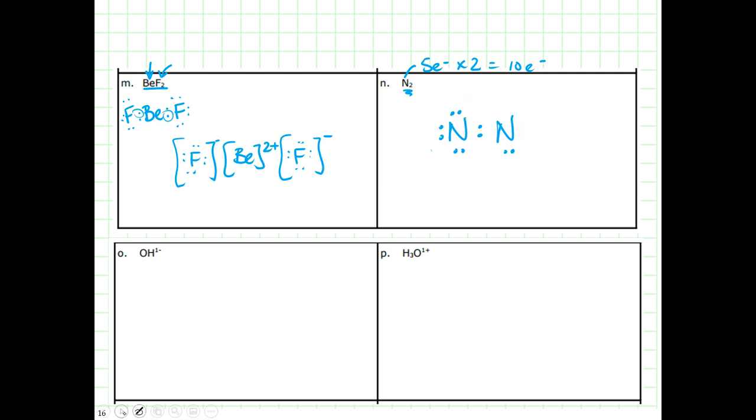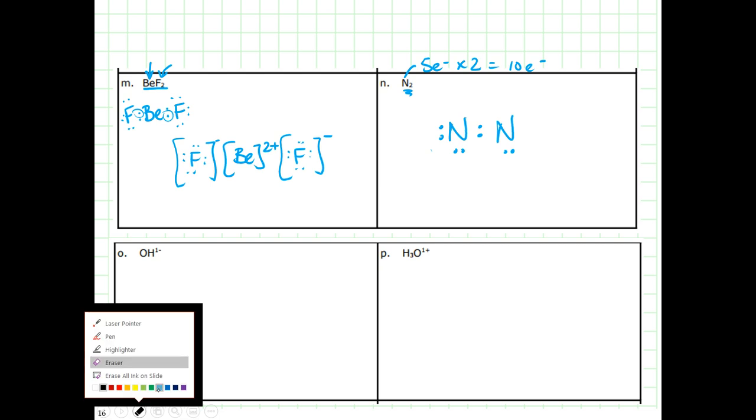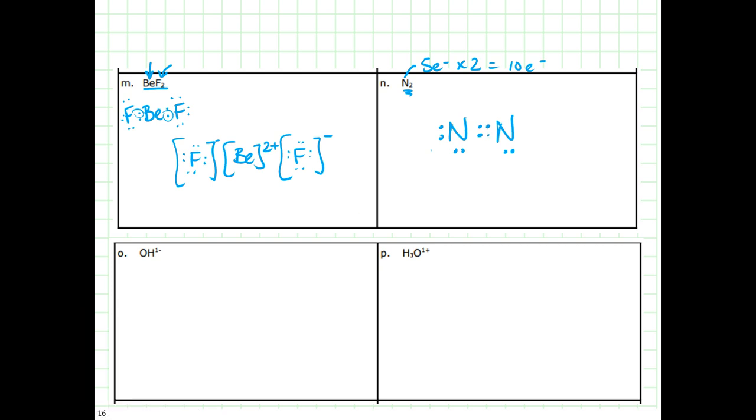So what I'm going to do is actually move one of these shared pairs or not shared pairs, and I'm going to make it extra shared. This is a double bond. So now this nitrogen still has 2, 4, 6, 8. That's good. This nitrogen 2, 4, 6, we're so close. I'm going to go ahead and steal one more pair of electrons here, and we're going to share it one more in the middle.